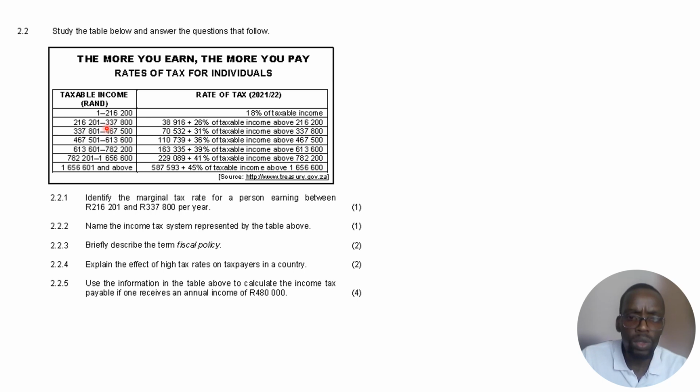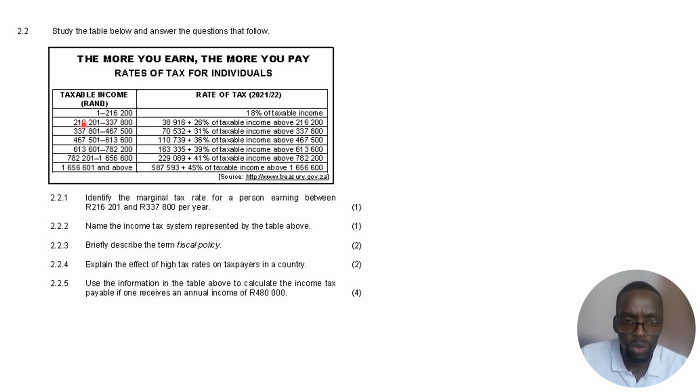Okay, and then you would also find that if someone is earning maybe 300,000 for the whole year, then 300,000 falls between 216,201 and 337,800. That's where 300,000 is.